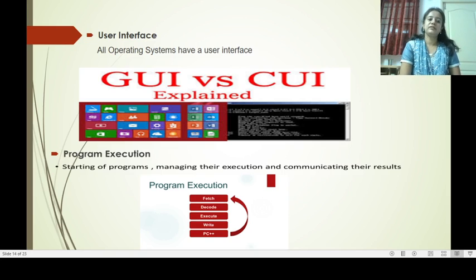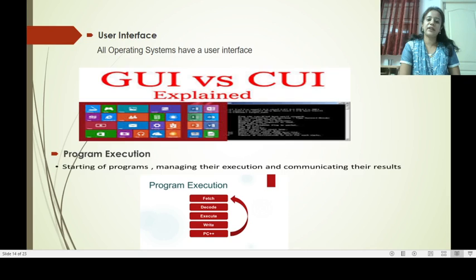User interface. The user interface means the interface through which user can communicate with the operating system or computer system. All operating systems have a user interface. There are basically two kinds of user interface: one is character user interface, the other is graphical user interface.